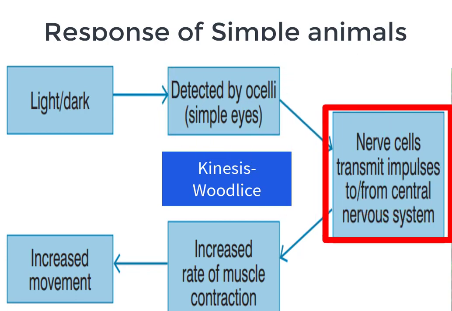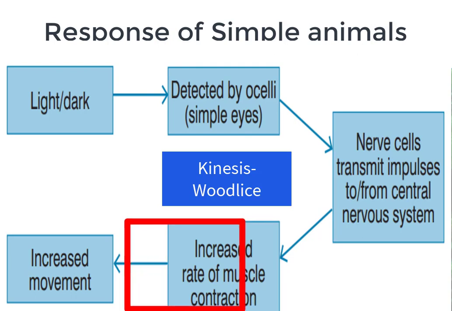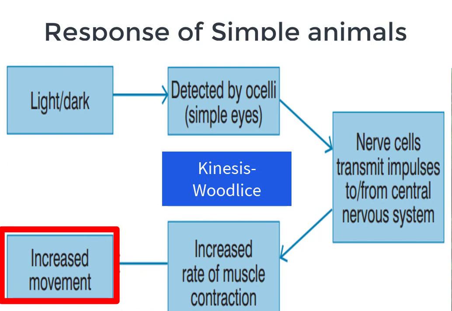Nerve cells, or the central nervous system of woodlice, as the linking or coordinating system, process the data that comes from the receptors and send the processed and integrated meaningful information to the effectors. The effectors in this case are muscle cells. Muscle cells here increase their rate of contraction and produce a response. The response is increased non-directional movement of woodlice.